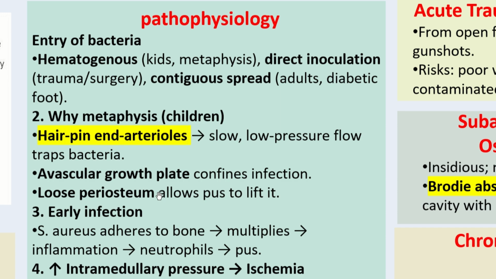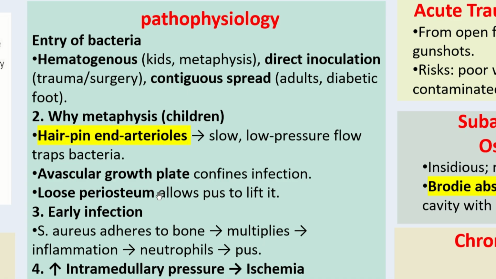So when they reach the metaphysis in the bones of children, they form what we call the hairpin end arterioles, and these form loops. So when the arterioles reach there, they actually make a 180-degree turn, and this greatly increases the pressure. It's like a kink in the system.